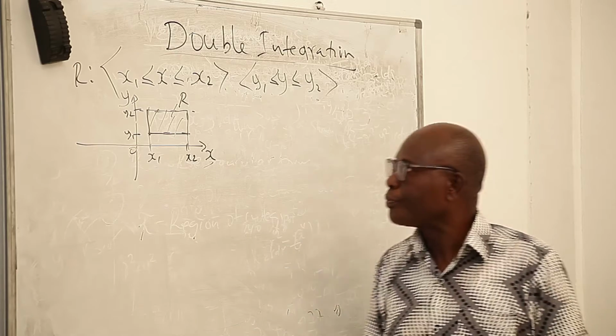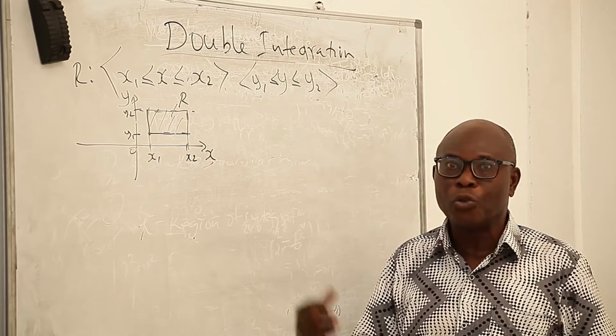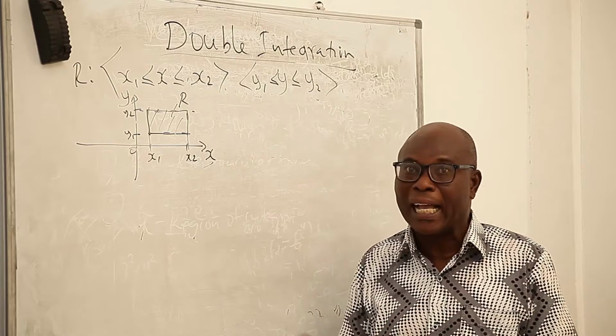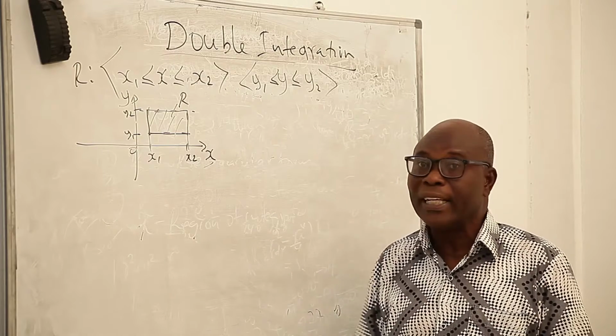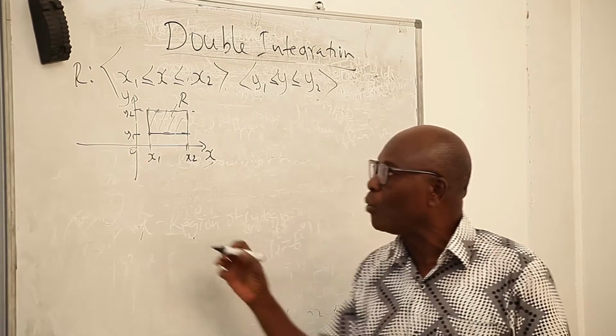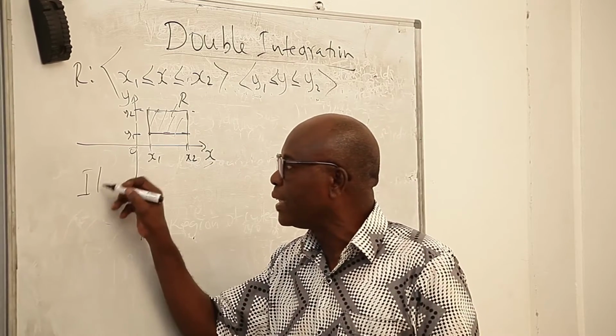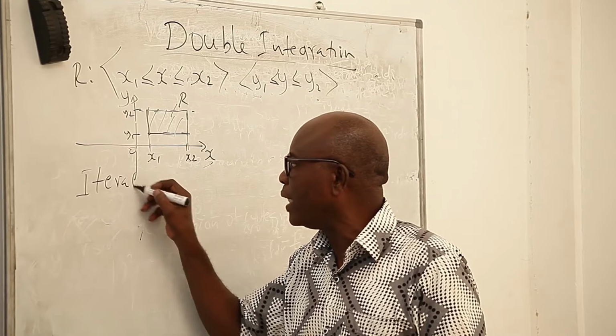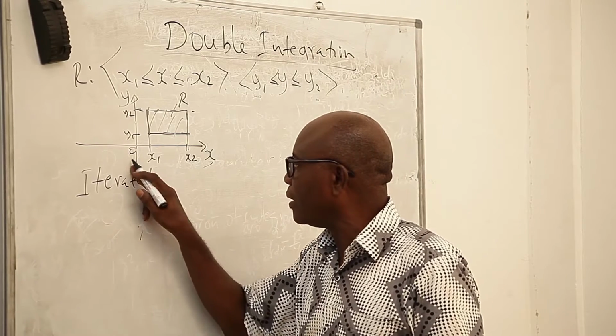Once we have pictured how the region of integration looks, the next step is to formulate the iterated integral.